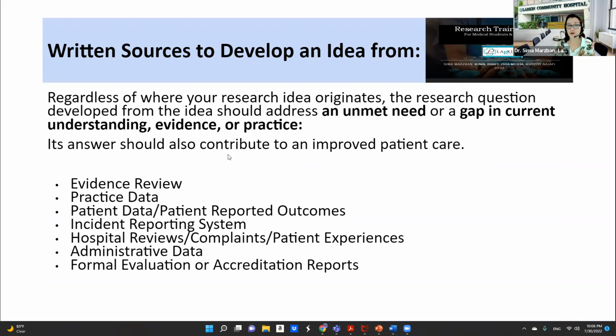Its answer should also contribute to improved patient care. Evidence review, practice data, patient data, incident reporting systems, hospital reviews, complaints, patient experiences, administrative data, and formal evaluation or accreditation reports can help you find a topic that solves an issue.